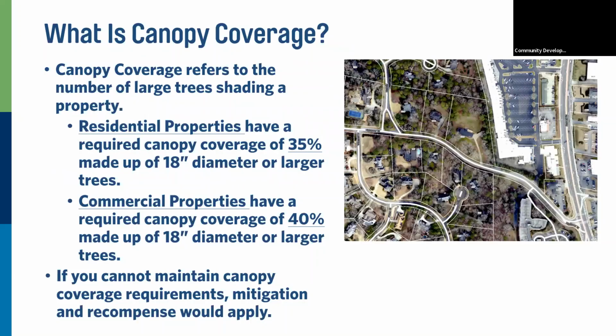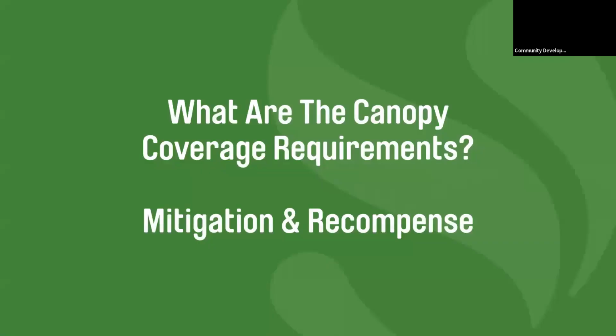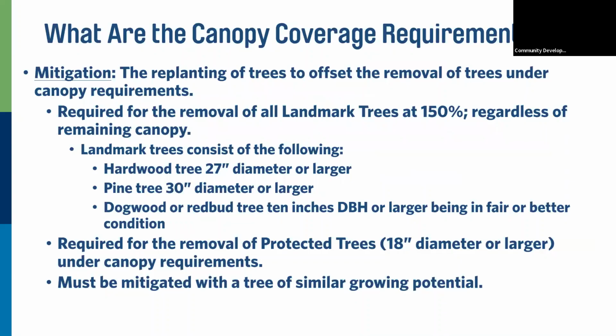So back to canopy coverage for residential properties, that's at 35%, and commercial properties at 40%. So what are the requirements and the mitigation and recompense? When you go under your canopy coverage requirements, then you would have to mitigate and recompense that.